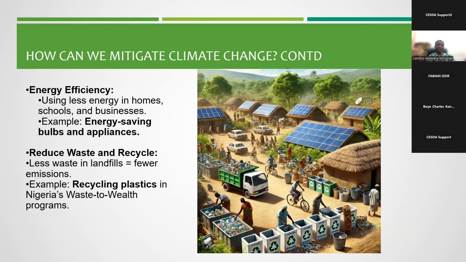Another thing we can also do as a mitigation measure has to do with using less energy in our homes. When I talk about using less energy, if you look at the light in your house, if you know that it is possible not to use the light, you put it off. Because if you don't put it off and you are using it, it means at the end of the day, you will think that you are not the one going to pay the bill.